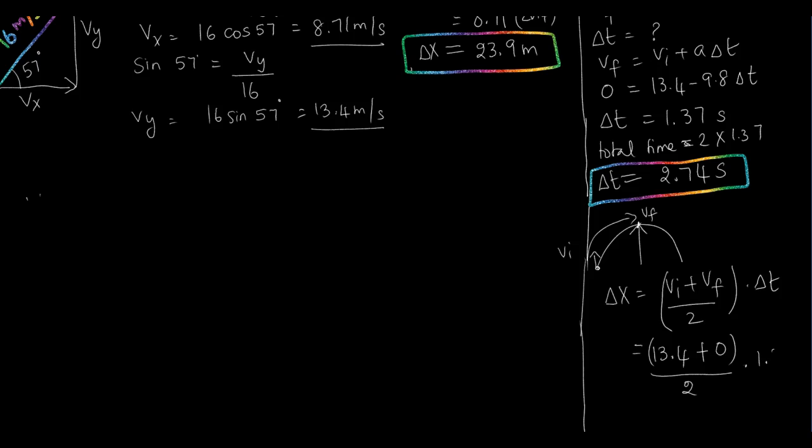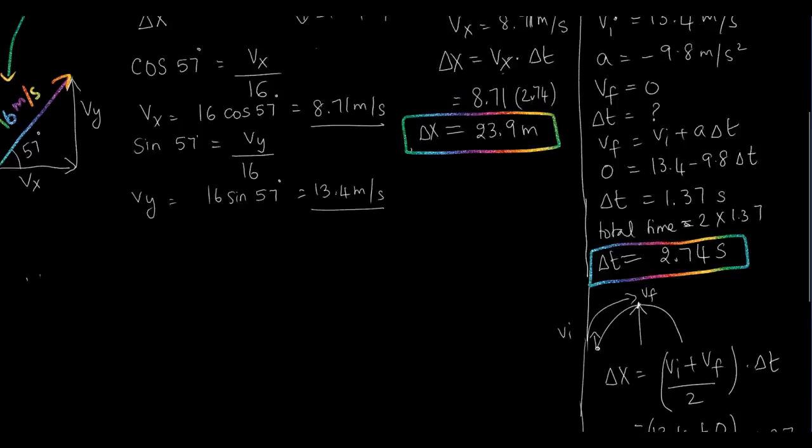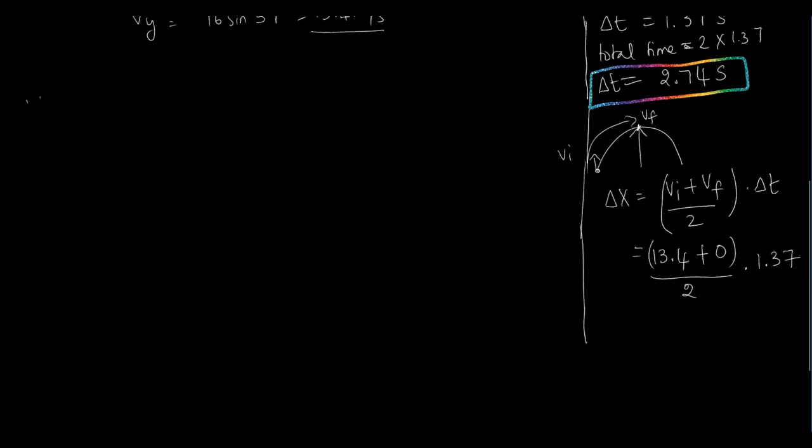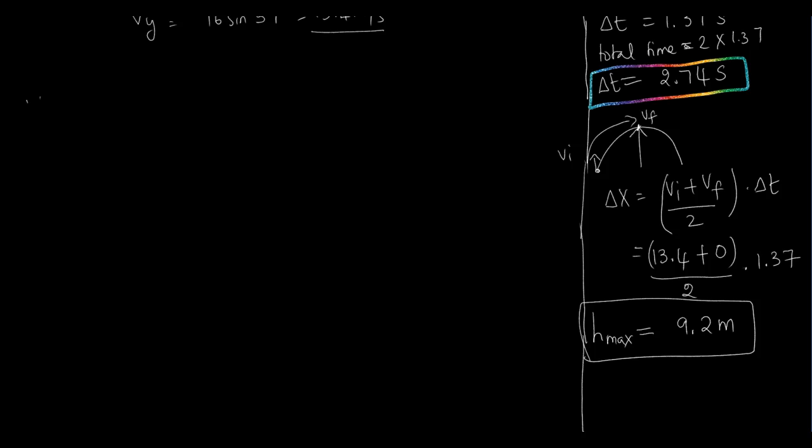You are right, we have to use only the time taken to go to the top, which is only the half time, which is 1.37. So using this, we can calculate the maximum height to be about roughly 9.2 meters. If you want to choose to call it maximum height or delta y, either one works fine.